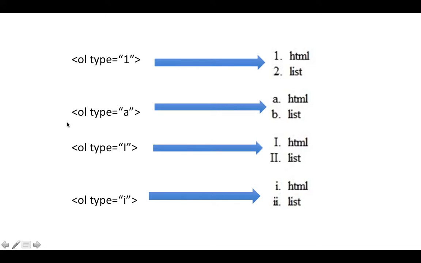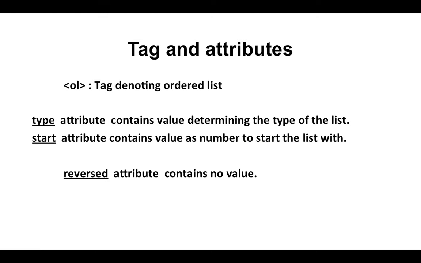Now here, OL tag, attribute is type, but the value is A. That means the list will start with alphabetical order A, B, C. Similarly here, see the value as capital Roman letter, small Roman letter. So here your type attribute contains a value determining the type of the list.